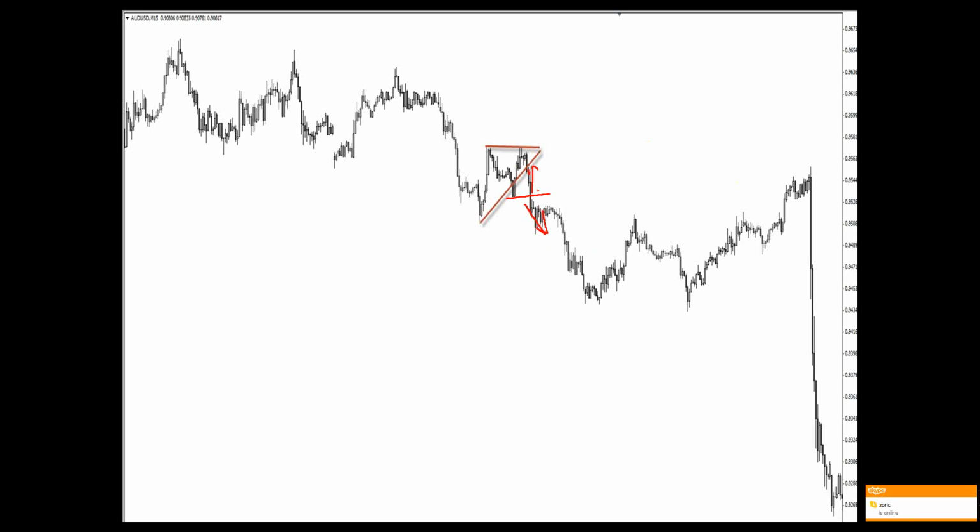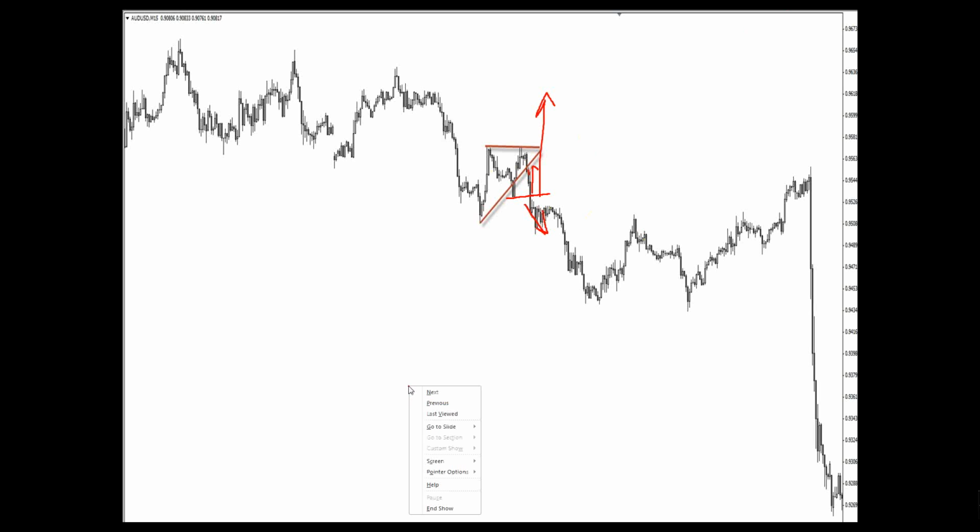Because I would probably be afraid if the trade happened to break out around here and then it goes to the upside. And that frequently happens. If you trade every day, you know that frequently happens on your charts. The market just likes to grab your stops and then proceeds in your favorite direction.